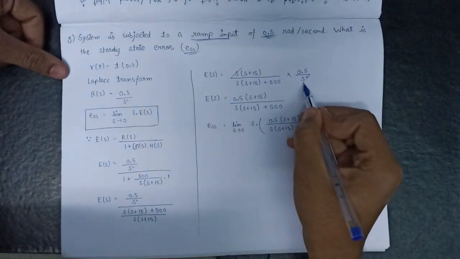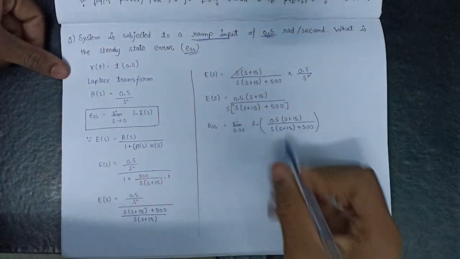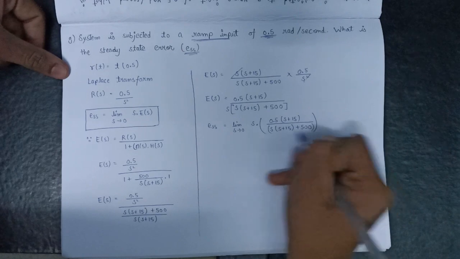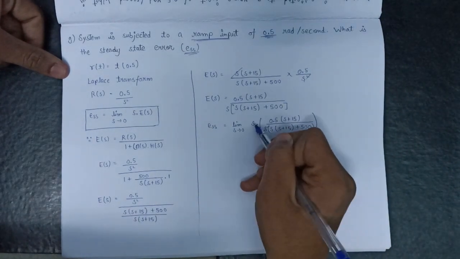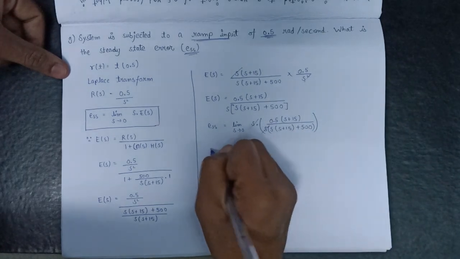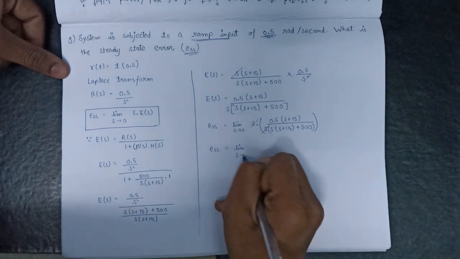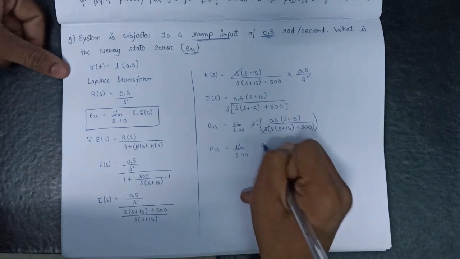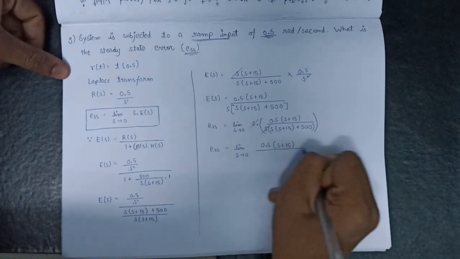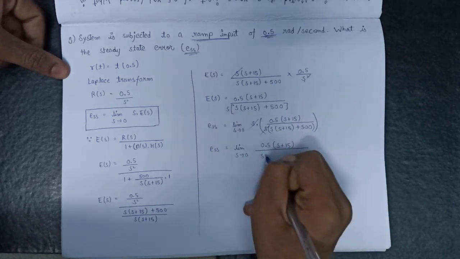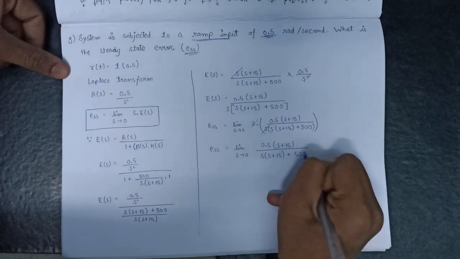This S will be cancelled out with this outer S, and E of SS will now become limit s tends to 0, 0.5 into s plus 15 over s into s plus 15 plus 500.